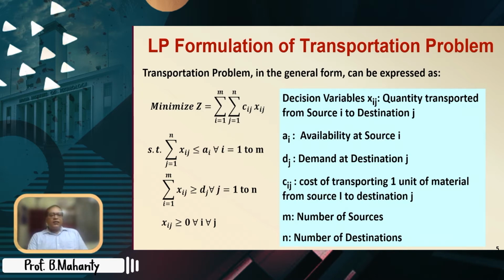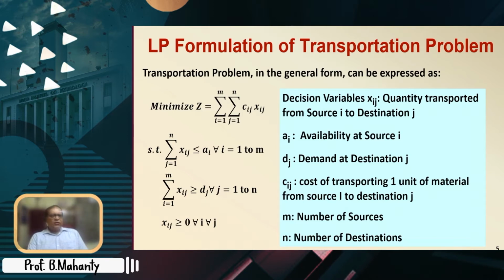What are the constraints? The constraints are that the quantity being transported from every source should be within the availabilities, and the demand should also be met. So for every source, the material transported from that point to the different destinations.